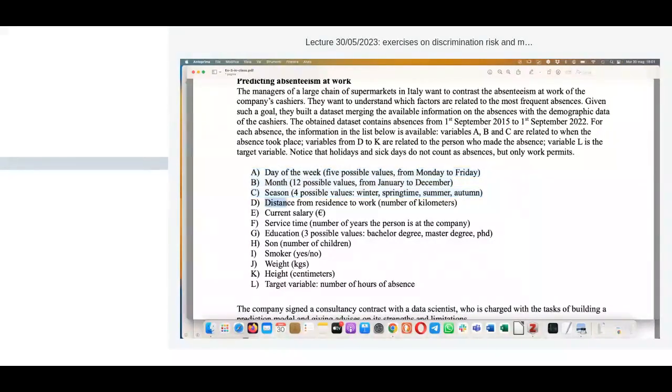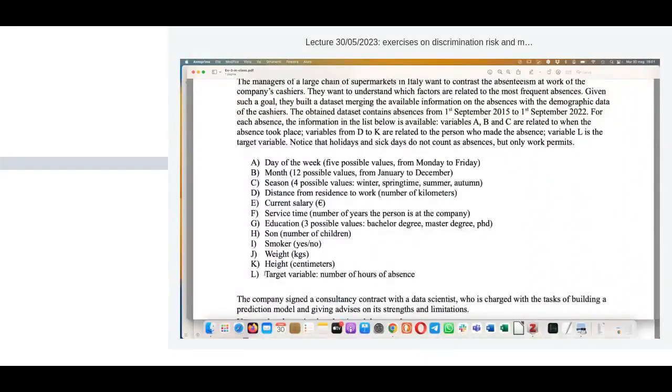The distance from residence to work, a number of kilometers, the current salary, the service time in terms of number of years the person is at that specific company, education, 3 possible values, bachelor, master degree, or PhD, son, number of children, smoker, yes or no, the weight in kilograms, the height in centimeters, and the target variable, that is the number of hours of absence.